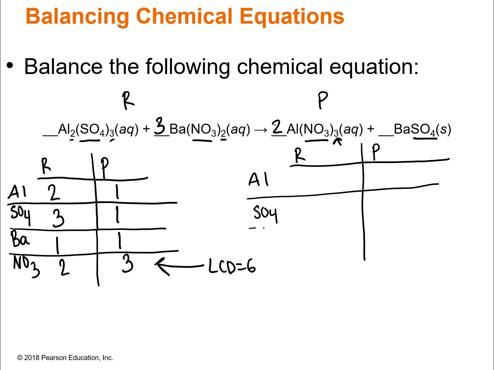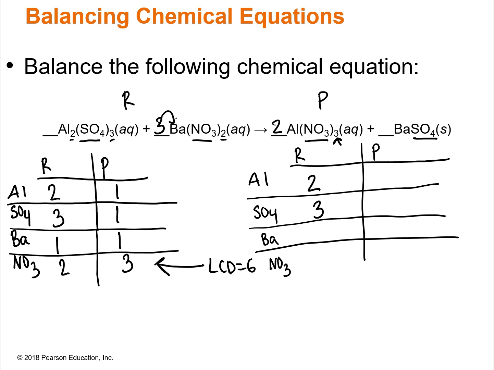Because we've changed more than just how many nitrates there are. We've also changed some of the other atoms. So let's do our check. We haven't done anything to change the aluminum or the sulfates yet on the reactant side. We have, however, changed the barium.